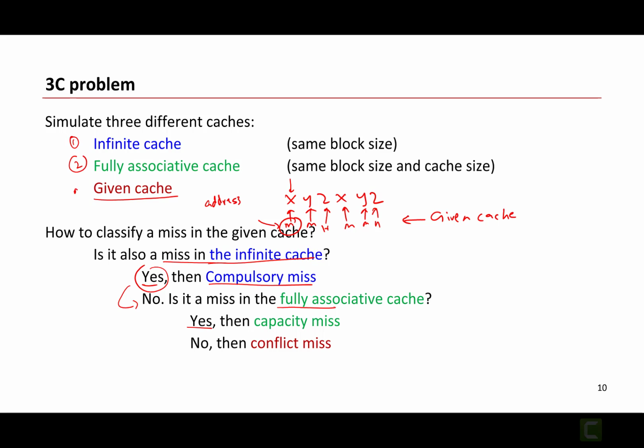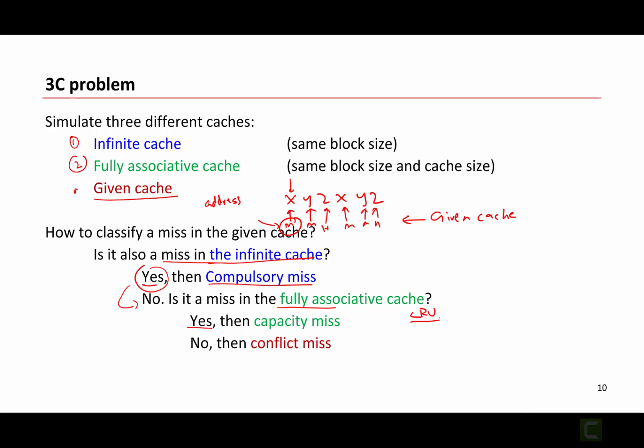Now this is a little bit of an imprecise statement to make, because in the case of a fully associative cache, I need to assume a replacement policy, typically an LRU policy. So the miss that you may be encountering could be because of the replacement policy. But we're going to make an approximate assumption, if you will, to sidestep that issue and say that if I see a miss in the fully associative cache, then I'm going to assume it's a capacity miss.